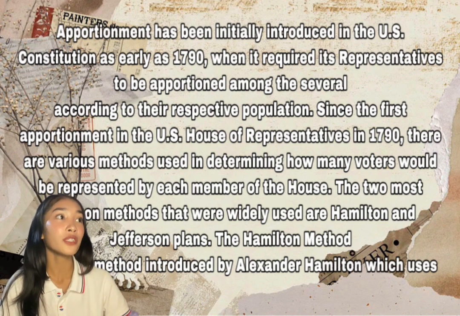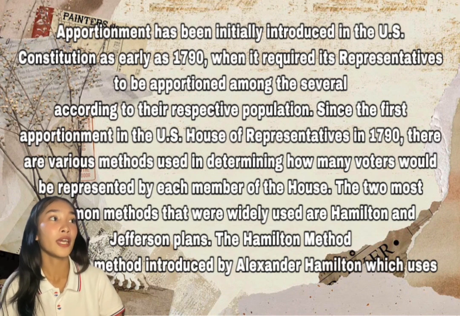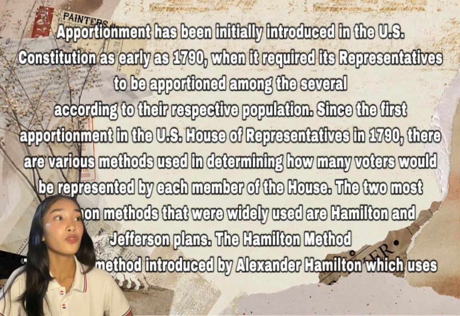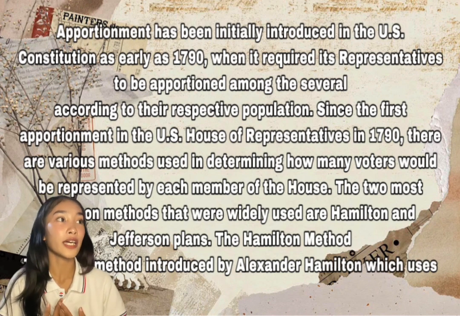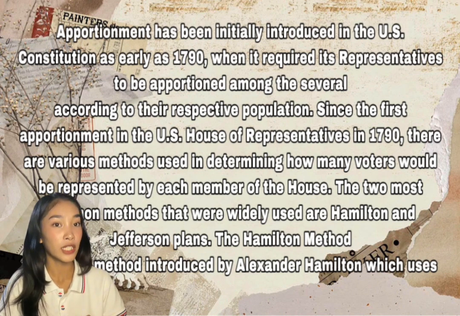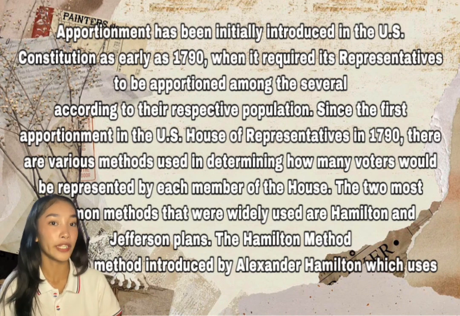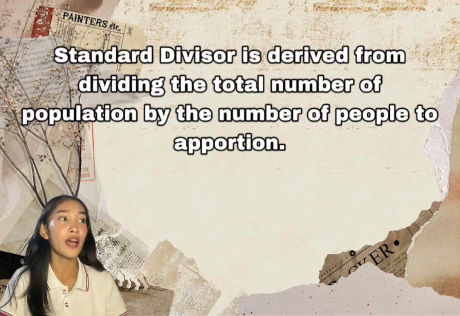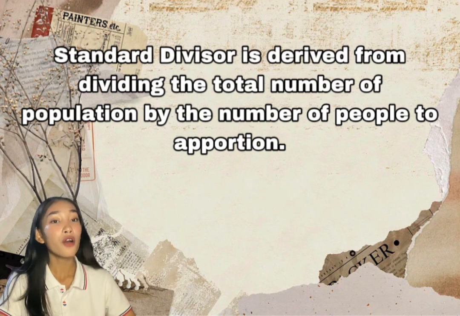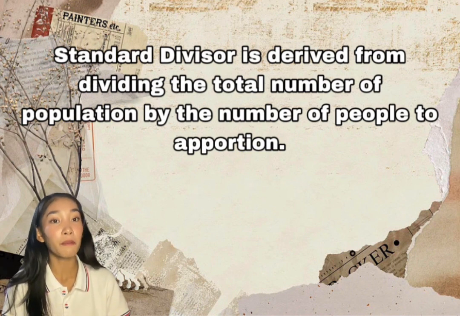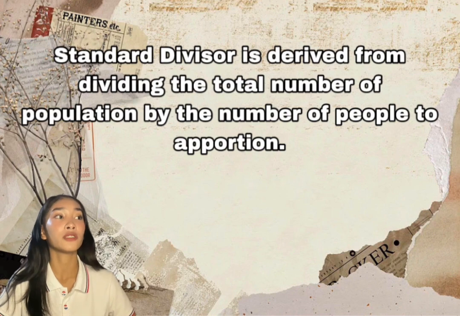This method employs a systematic approach to ensure a fair allocation of seats in accordance with population figures, reflecting Hamilton's contributions to the foundation of apportionment theory. The standard divisor is derived from dividing the total population by the number of representatives to apportion.